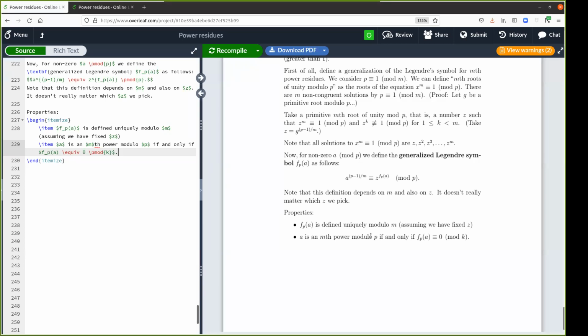And then we also note that an integer modulo p is an mth power if and only if the exponent is 0 modulo m. This is a generalization of Euler's criterion regarding quadratic residues modulo p.